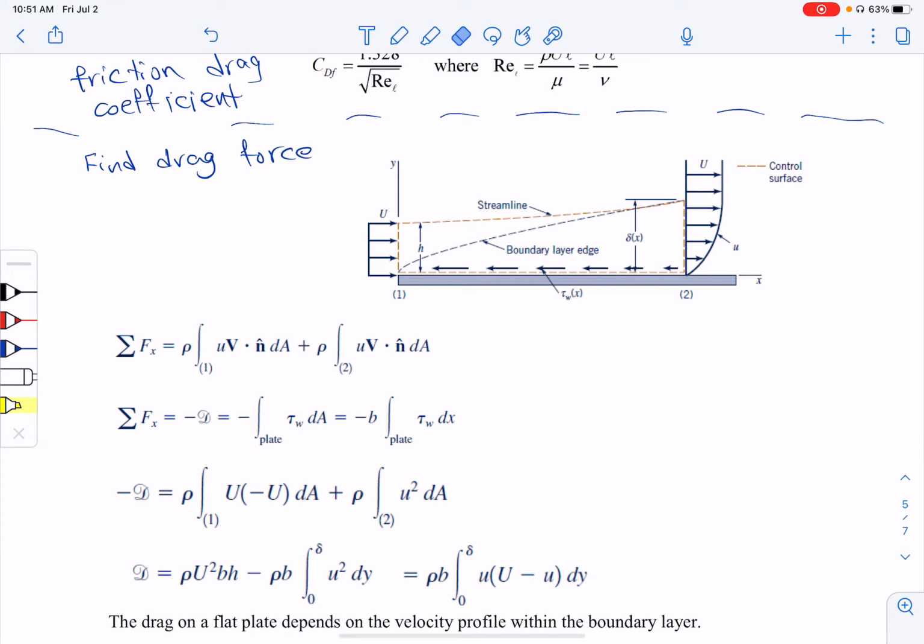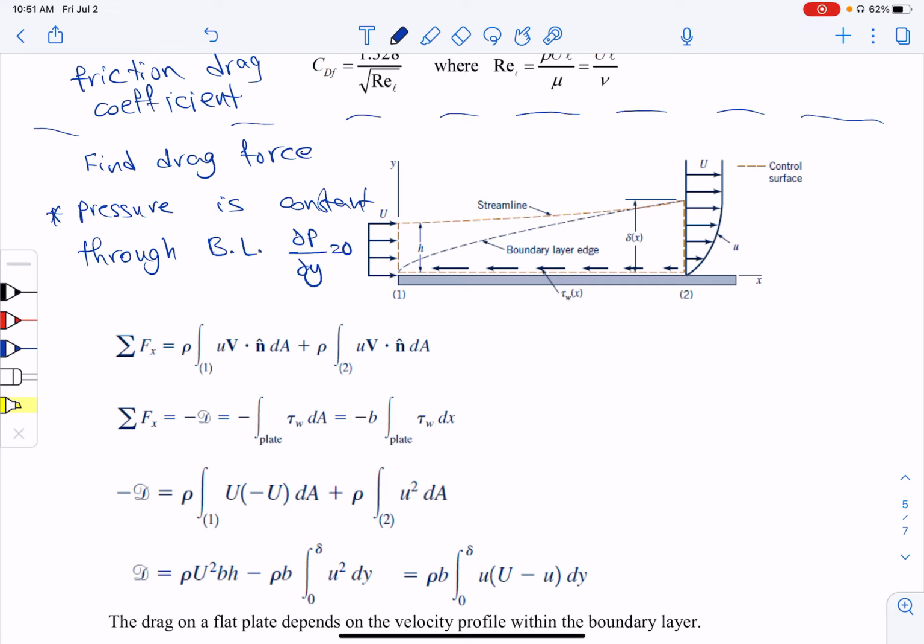So this is also important. So let's say that the pressure is constant through the boundary layer, right? The dP/dy is 0.